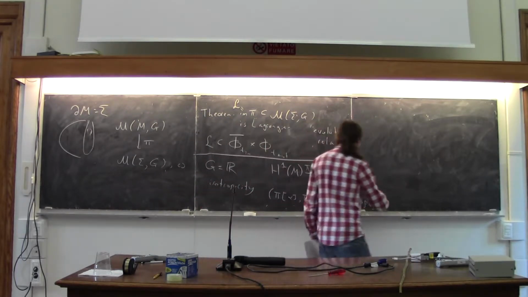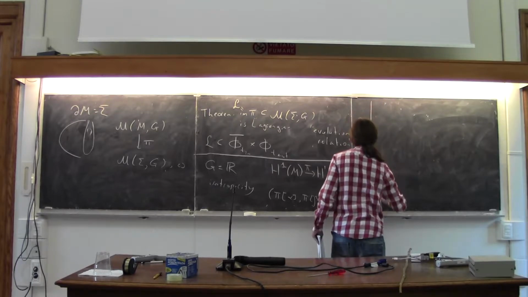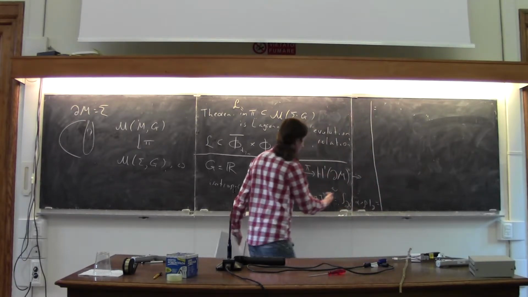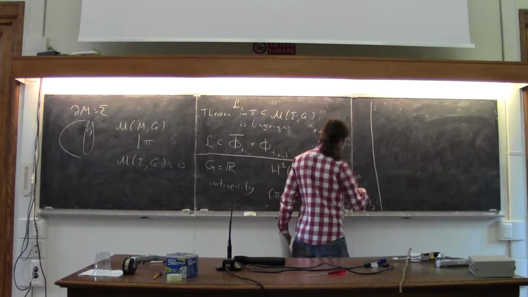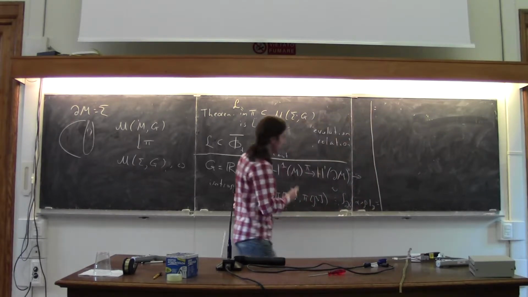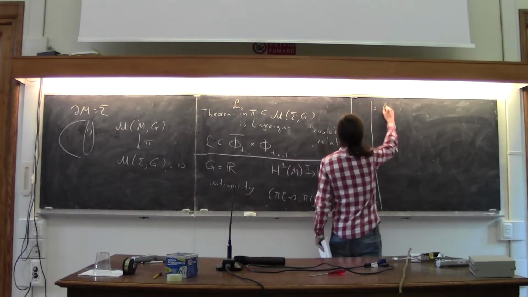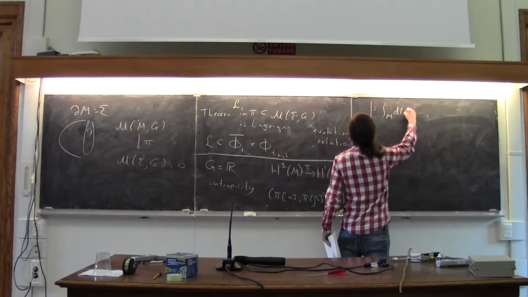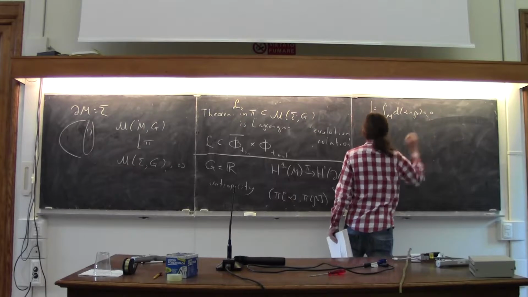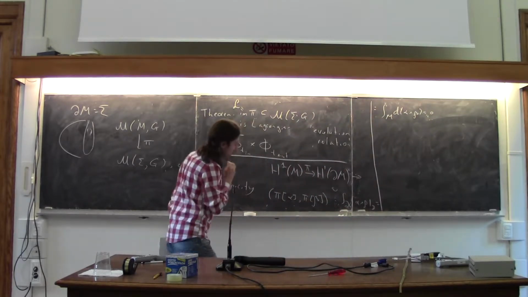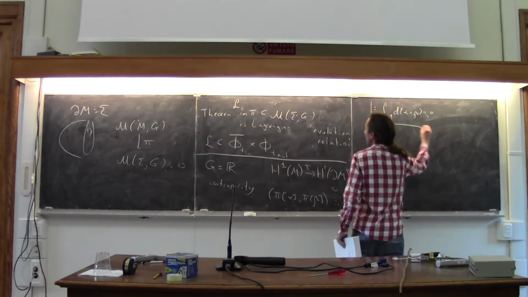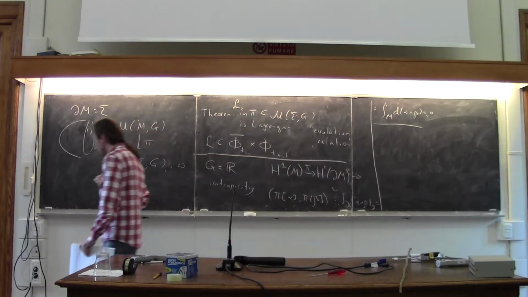Then I use Stokes' theorem to write this as an integral over the whole M of the differential of this thing. Since both alpha and beta were closed on the three-manifold, I get 0. So isotropicity is very cheap.